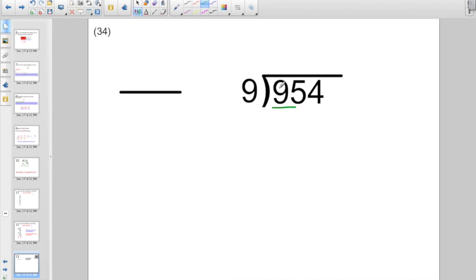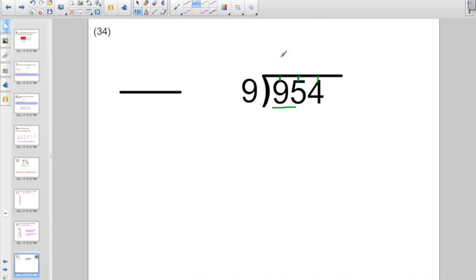Figure out where you're going to divide into. 9 divides into 9. So my first digit I write is going to be right here on top of the 9. Then I'm going to need a digit on top of the 5. And I'm going to need a digit on top of the 4. You already know before you started dividing how many digits you're going to need until you're done.